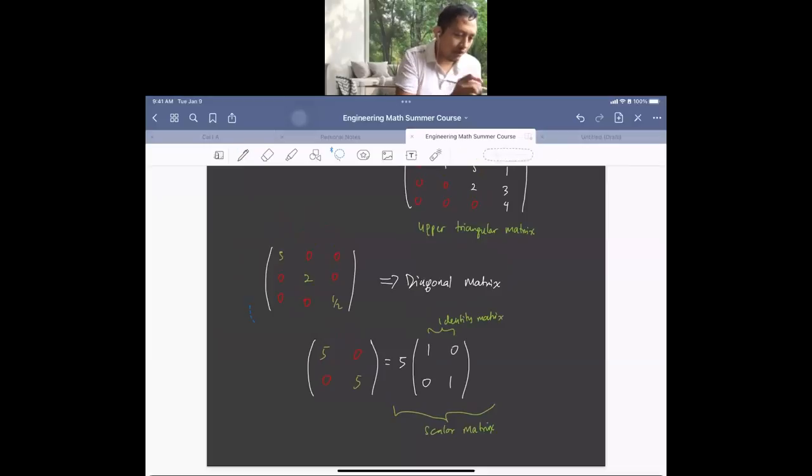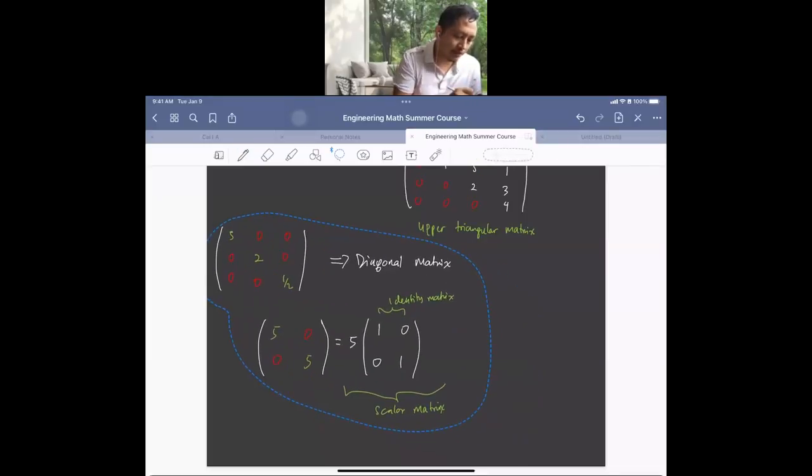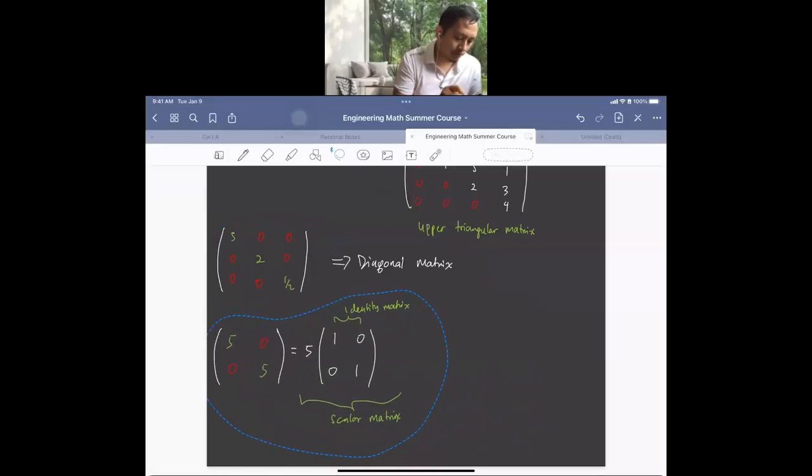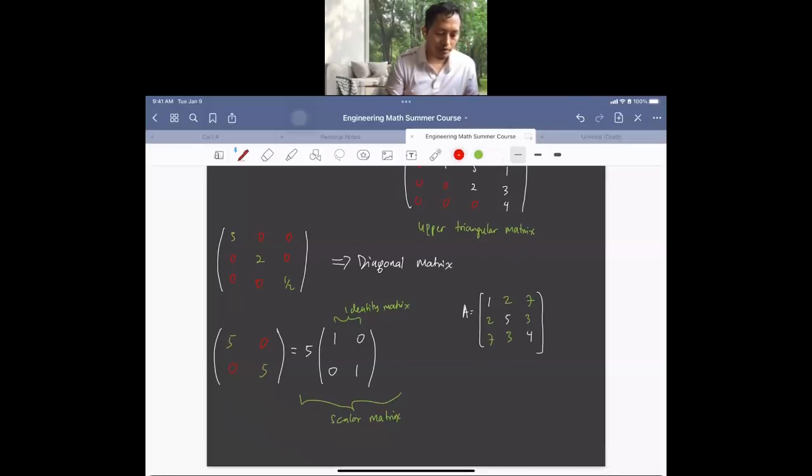And then we can also have the symmetric property for some matrices. So if you have A equal to 1, 2, 7, 2, 5, 3, 7, 3, 4, let's say that's our matrix. We see that the numbers match, and we can mirror through our diagonal, right?